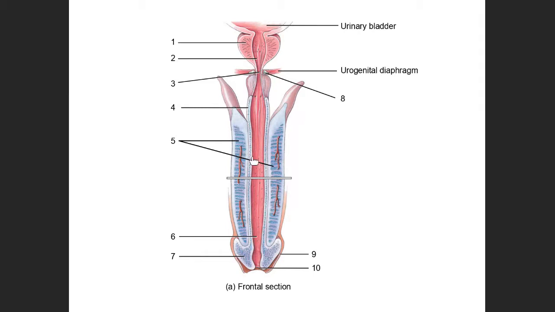Then you can see number 5, corpus cavernosum. Number 7 is the glans. Number 9 is the prepuce. Number 10 is the external urethral opening. And number 8 here is the Cooper's gland.